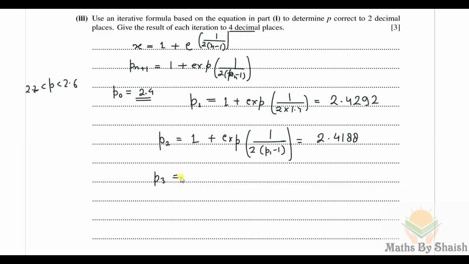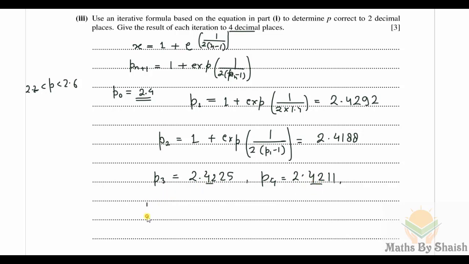By just pressing the equal to button we can get the next value, 2.42247, so it is 5, and then similarly we can get the value of p4 just by pressing the equal to button, and we will get it as 2.4211, and then p5 is also 2.4216. So we can say that to 2 decimal places the correct answer is 2.42.